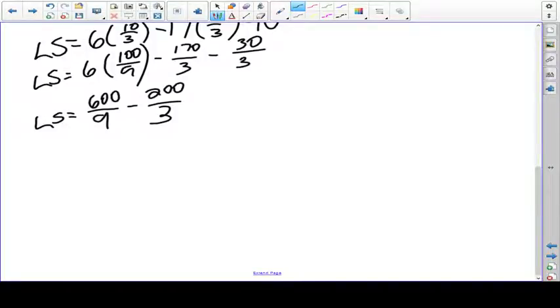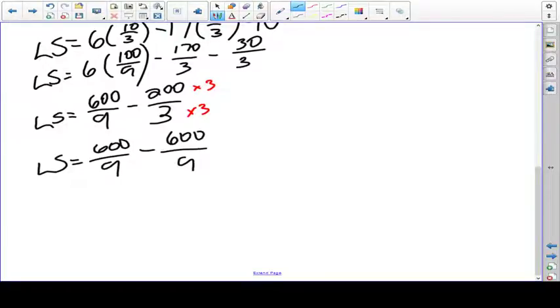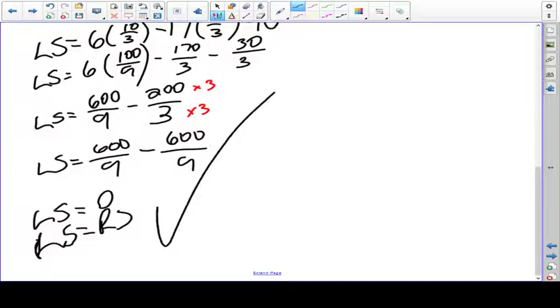So it doesn't matter which way we go. I can multiply this by 3 and this by 3. So 9's our common denominator. That's no problem. And if I do that, I've got 600/9 minus 600/9, which is equal to 0, which is equal to the right side, which tells me that 10/3 is a solution to this quadratic equation. There's the payoff. We know that 10/3 works.